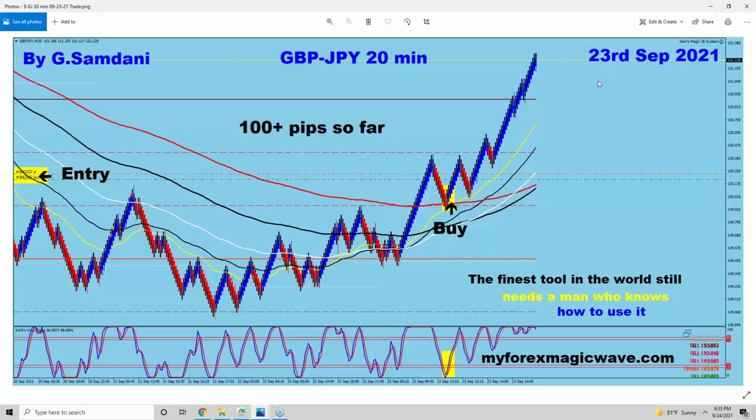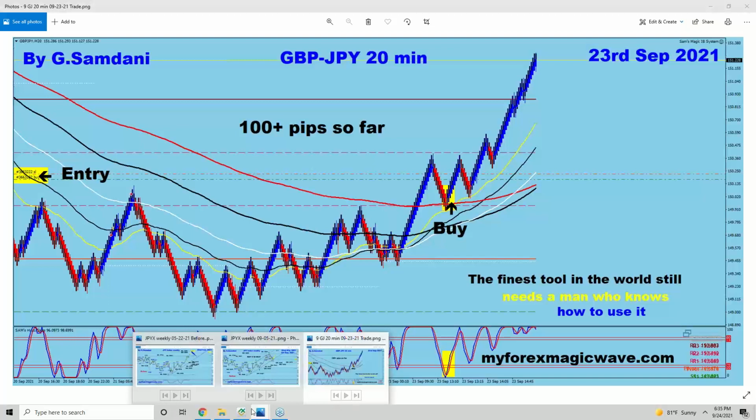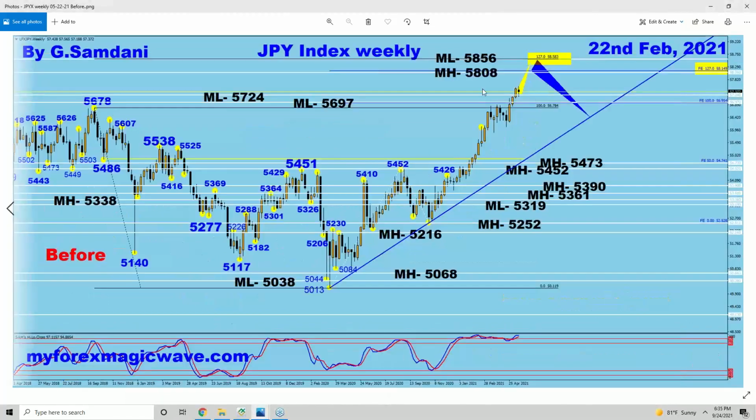Why? Let me show it to you if I have the chart here. All because of that. Okay, now look at this. This weekly chart I made on the 22nd of February 2021. This is the TL.